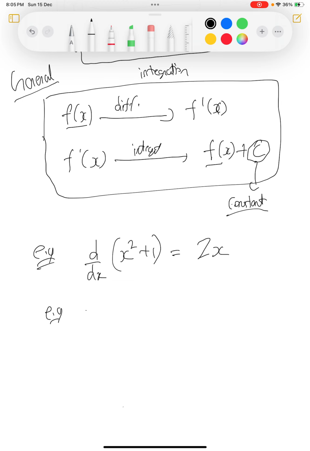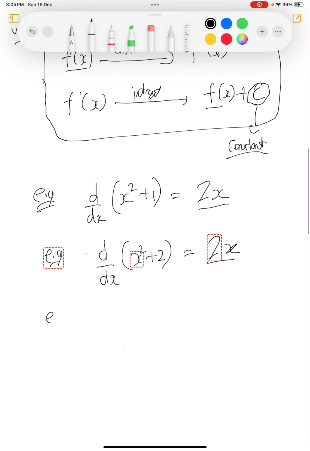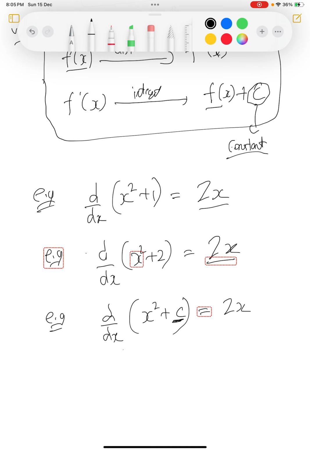Again, if I differentiate x square plus 2, I will again get 2x. Same. Take another example. If I differentiate x square plus some constant term c, I will again get 2x, because the differentiation of c is equal to 0.